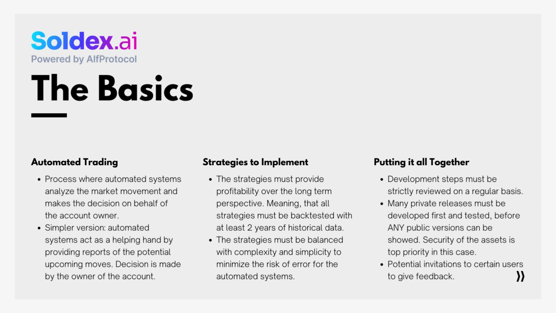Also, many private releases must be developed first and tested before any kind of public versions can be shown publicly, meaning that we might do certain invitations for a limited number of users with certain knowledge to go ahead and test the systems, try to break the system, and click on every single button, use all of their knowledge to test the systems privately, so we have as much feedback as possible before showing any kind of alpha or beta releases to the public, because this brings a lot of responsibilities for us as a project.